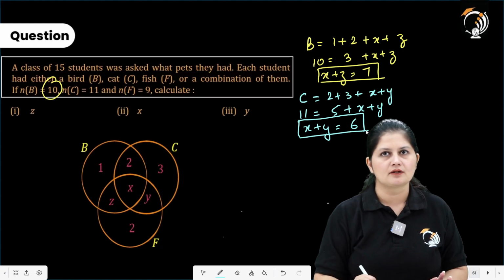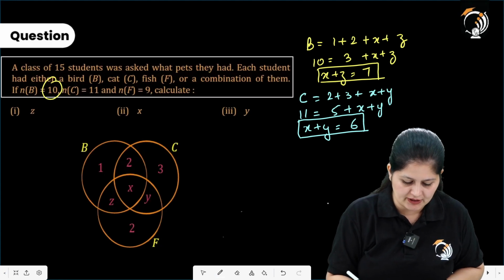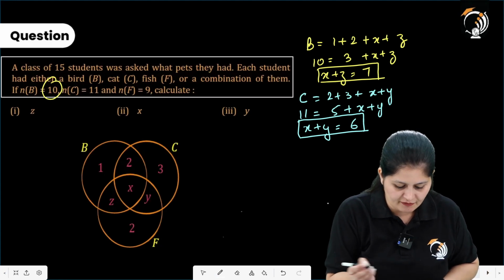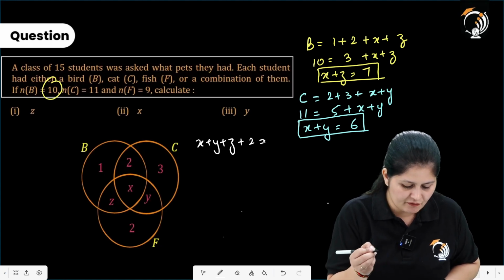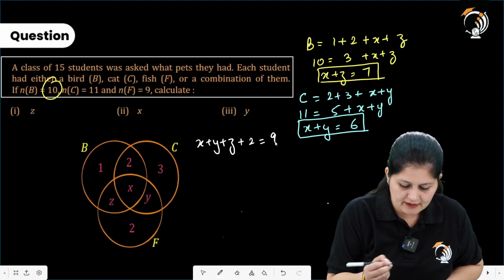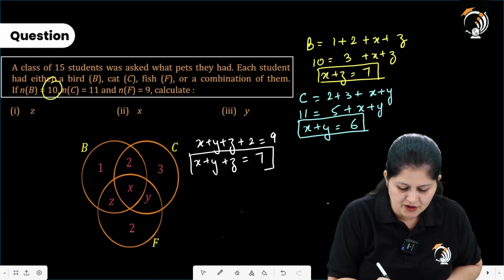Further, making the third equation for the fish, x plus y plus z plus 2 is equal to the number of fish, which is 9. So x plus y plus z is equal to 7 is the third equation.